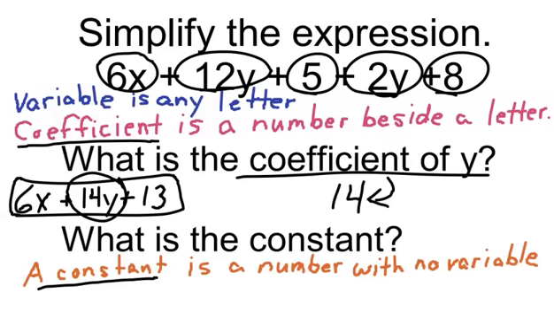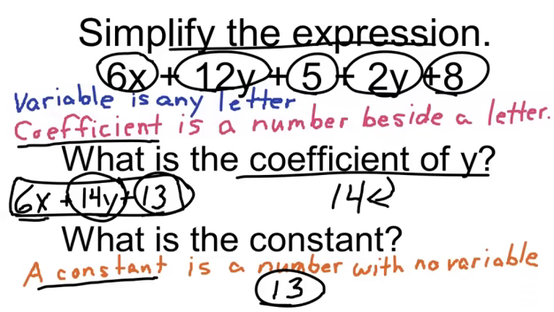A constant is the number all by itself without any variables. So that would be the 13. So there we go. There are 3 different parts to this. First is simplifying the expression by combining like terms, which we did. And then finding the coefficient, which is 14, and the constant, which is 13. All right, so there are all the answers for that one.